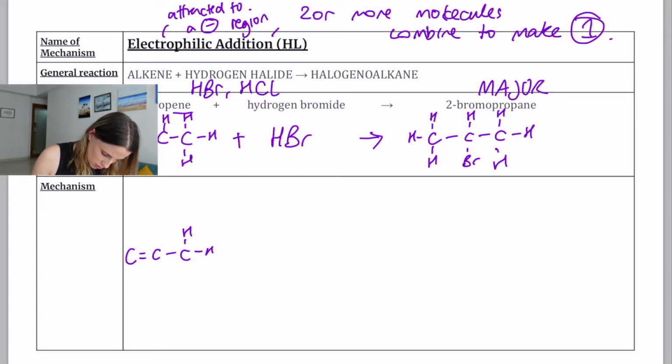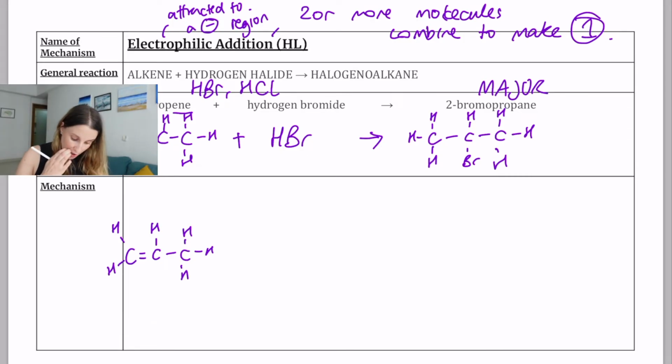So for this reaction, let me just redraw out my propene. The double bond is a region of negativity because you've got all of those electrons in those pi orbitals hanging around there, making that a really negative space overall.